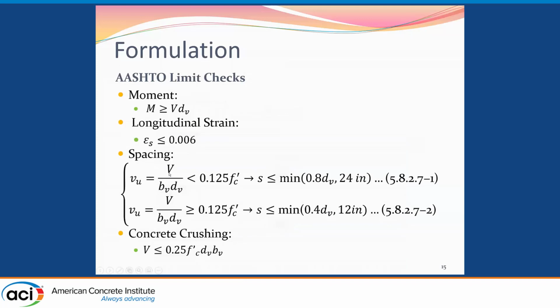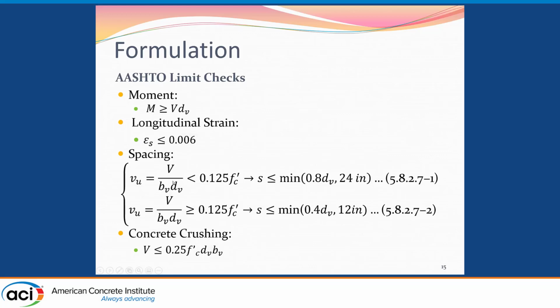However, AASHTO has some limits that we have to include when we do the interaction diagram. First, the moment always has to be more than VdV. So we are limited to VdV. The longitudinal strain, the epsilon S calculated, has to be less than 0.006.